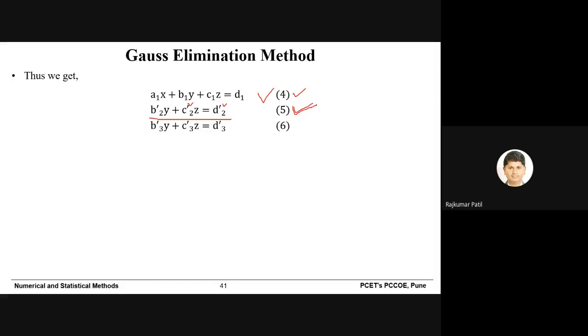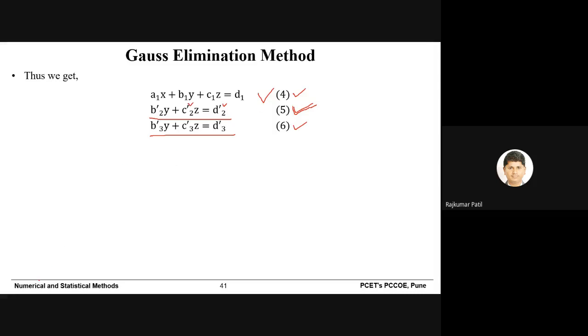Similarly, equation number 3 will be changed to equation number 6, where a3x will be 0 and remaining terms are b3 dash y plus c3 dash z equal to d3 dash. So these are our new equations.